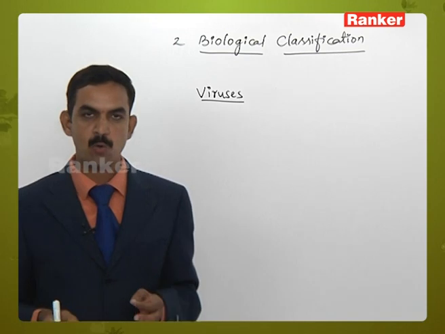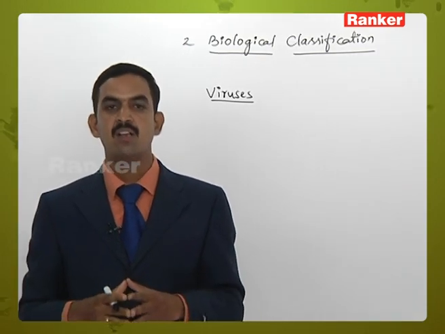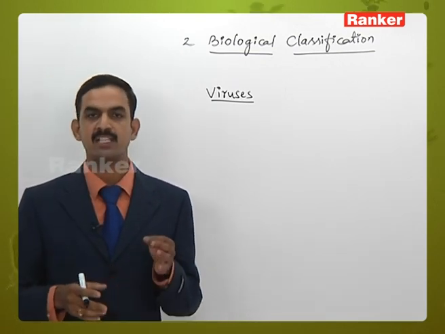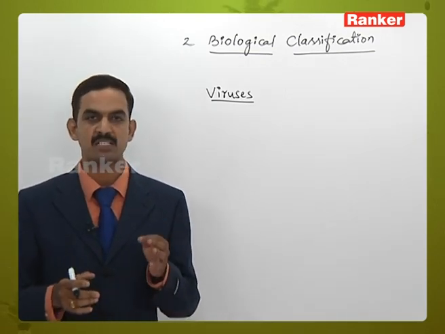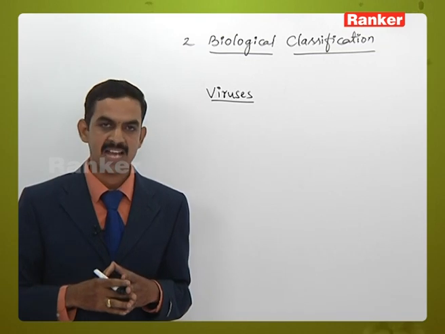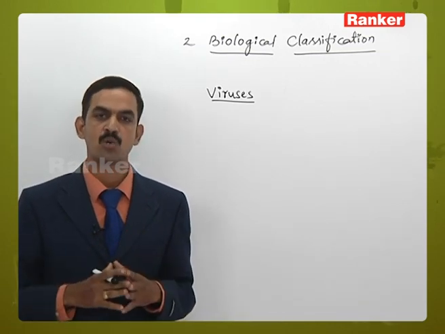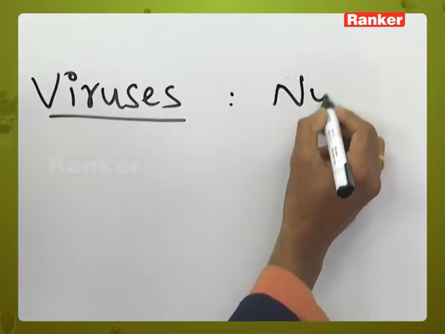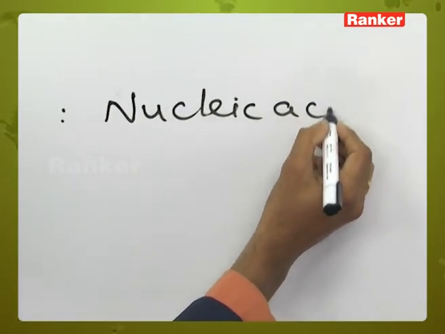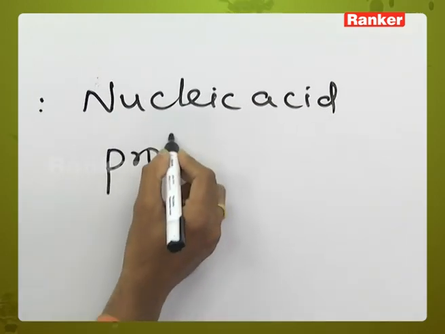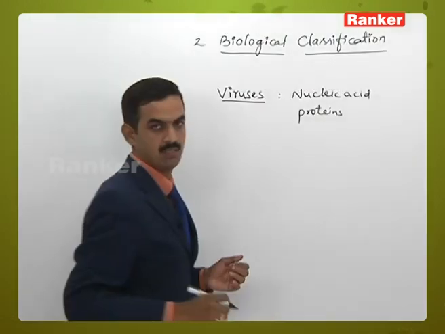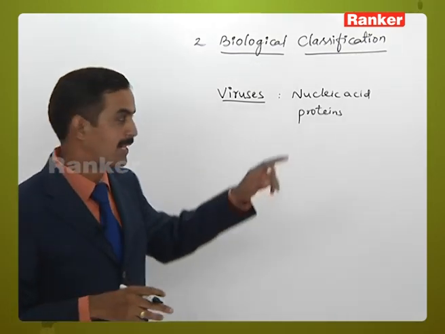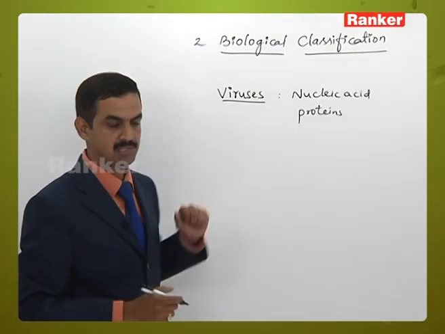Viruses are microscopic obligate parasites which are acellular. Obligate parasites means they survive only when the host is available, and they are considered non-surviving when the host is not available. So the viruses contain nucleic acid and proteins in them. We can chemically call them nucleoproteins due to presence of nucleic acid and proteins.